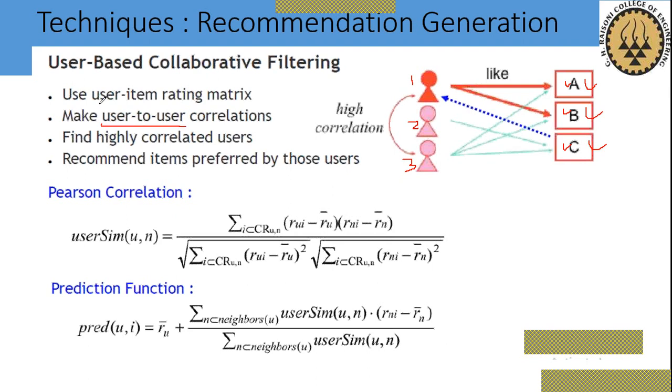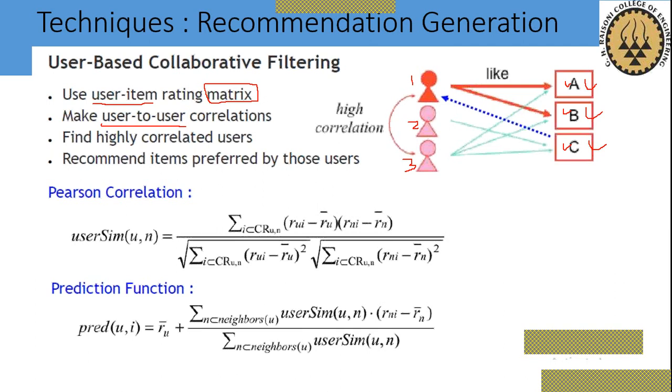In the first step, we define the user item rating matrix: user 1 gives a preference or like to item A and item B, user 2 shows interest in item C, and user 3 shows interest in items A, B, C. The second task is to find the correlation between users 1, 2, 3.